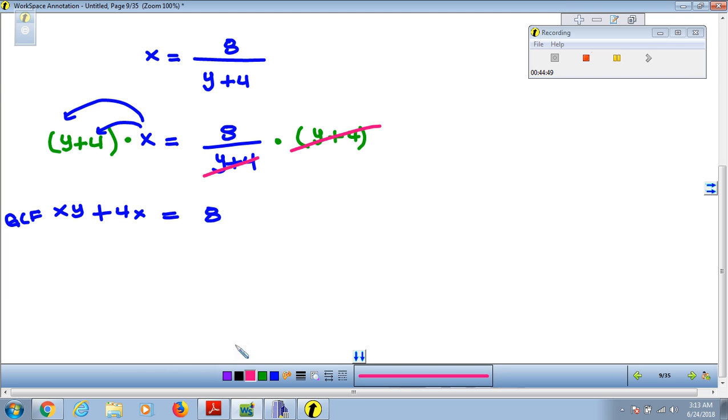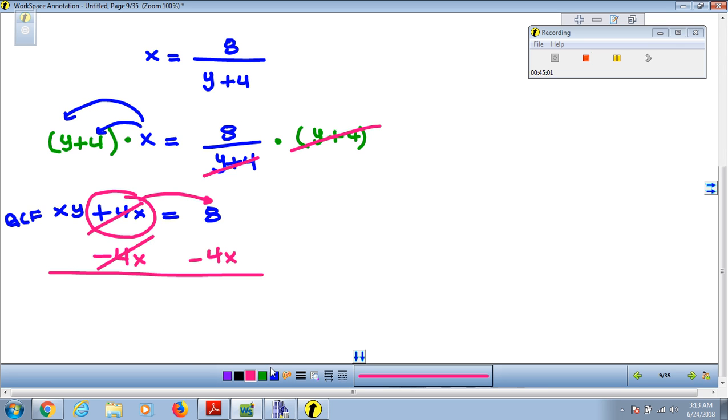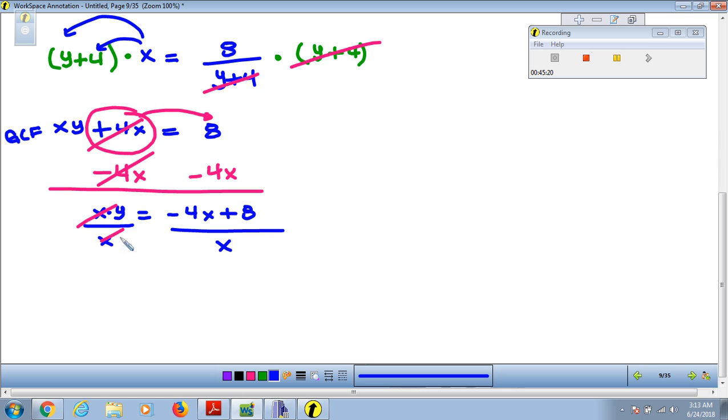There's only one term that has a y, so I'm going to isolate that term by sending the other term that does not have a y to the other side. So xy equals negative 4x plus 8, or 8 minus 4x, whatever you want to write, the order doesn't matter. And then since x and y are multiplying together, divide by x. And this would be my inverse function.